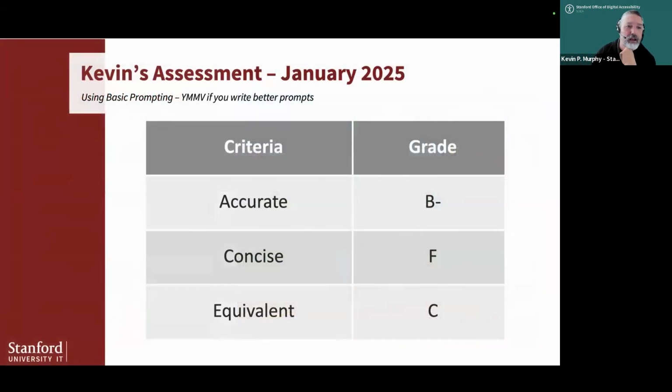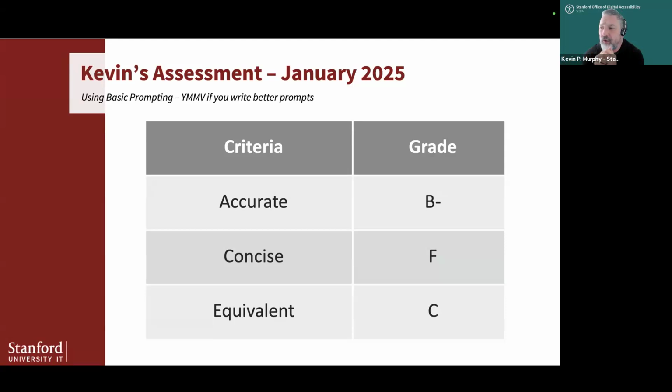So as of January 2025, when I first put this presentation together, I gave ChatGPT a grade for each of those three criteria I gave at the beginning. Accurate, probably a B-. It gets a lot of it accurate, but it pulls in things that are not relevant.